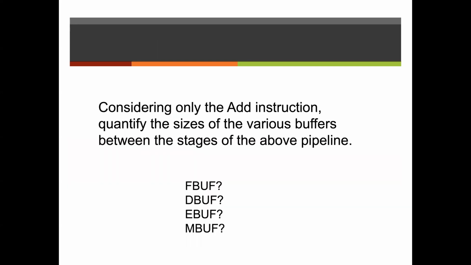And so how exactly could we quantify the sizes of the add instruction for the various buffers between the stages of the pipeline? What do we need to take into consideration in order to determine the size that would be needed?